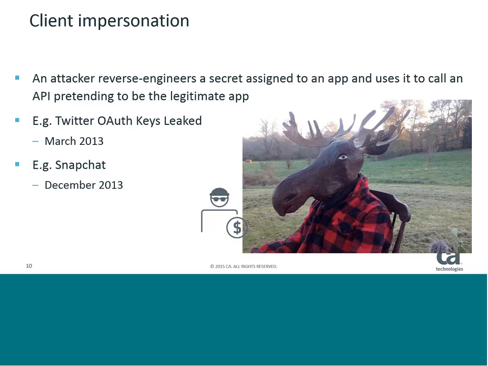This potentially posed a threat to Twitter because anybody could pretend to be a legitimate app like Hootsuite or TweetDeck or any one of those apps, because they have the OAuth key, and they could make those requests and get access to sensitive information.